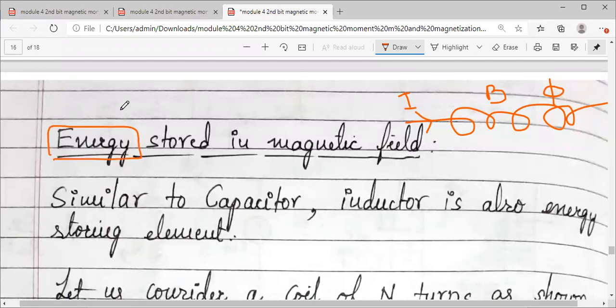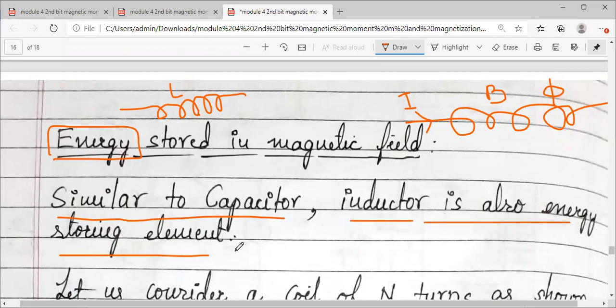You might have used this in your laboratories. The basic components are the resistor, the capacitor, and one more, L, that is the inductor. So what is an inductor? I have written it here, I think you can see it. Similar to a capacitor, an inductor is also an energy storing element.